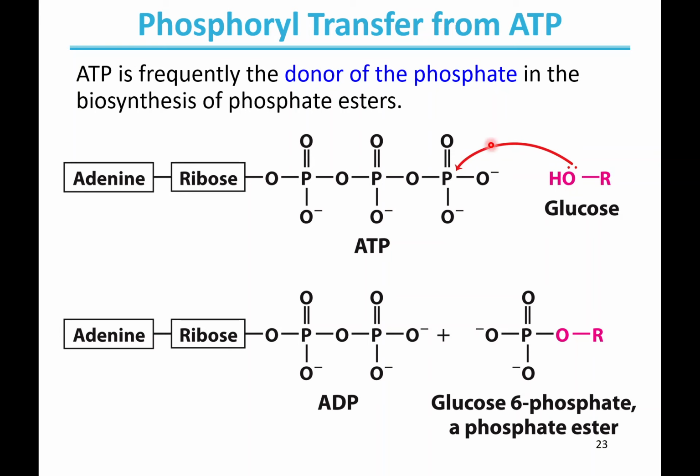You get a nucleophilic attack by an OH group on glucose. That forms a pentacovalent intermediate, and then the phosphate group, because this is a very high energy bond, will leave with the glucose.